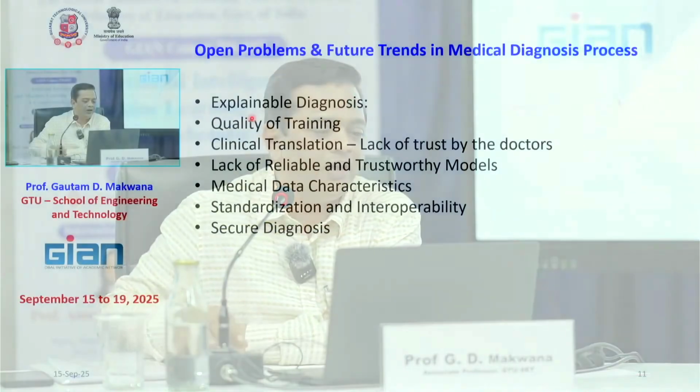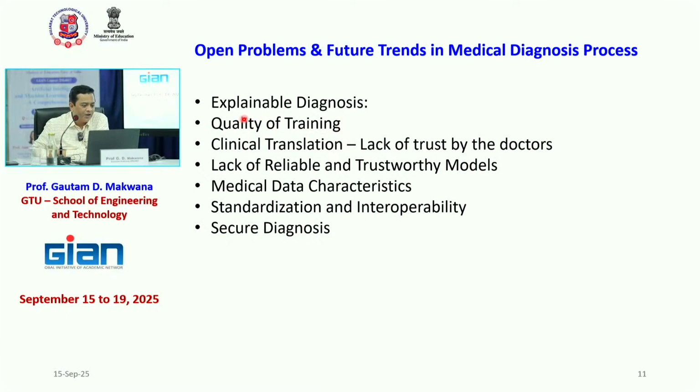So if your aim is to build trust in your AI model, one issue is explainable diagnosis, then quality of the training, clinical translation, lack of trust by the doctor, lack of reliability and trust in the model, medical data characteristics, standardization and interoperability, and secure diagnosis. So these are the current issues from the medical point of view.